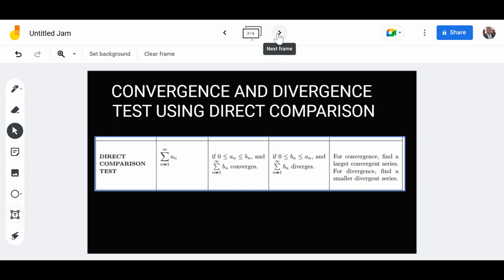Let's look at the P series and the geometric series, because the nature of the series given will determine whether we should compare it to a G series or a P series.